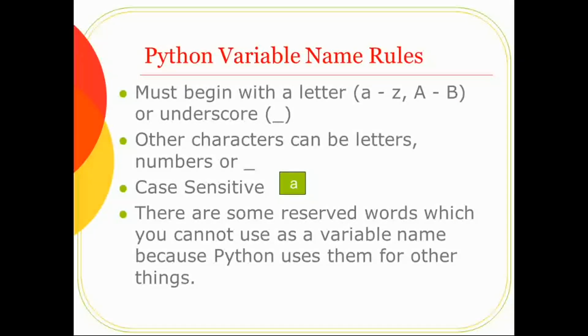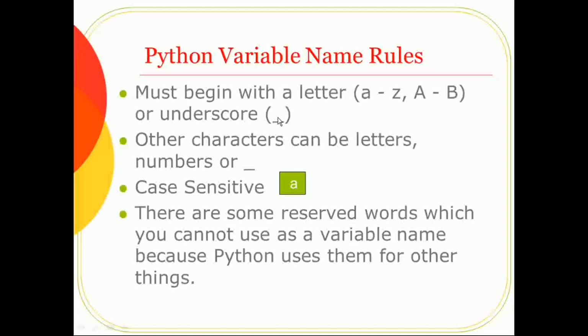Now there are some variable naming rules. The first rule is this: variables should always begin with a letter. It can be a small letter or a large letter, no difference. Or it can start with an underscore. Other characters can be letters, numbers, or underscore.